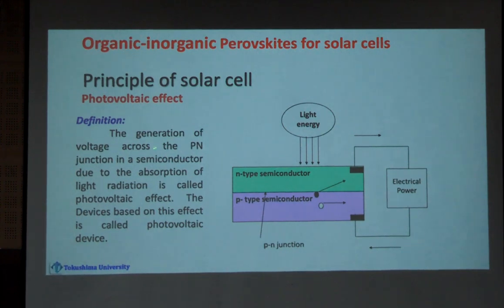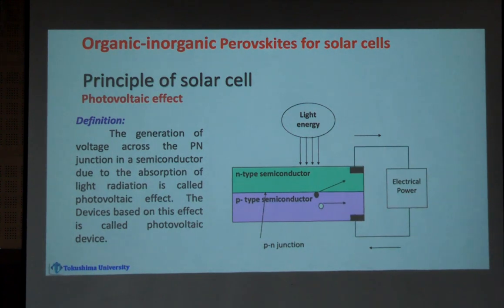The generation of voltage across a PN junction. This is N type, this is P type semiconductor. The voltage across this P and N junction in a semiconductor, created due to the absorption of light radiation, is called the photovoltaic effect.